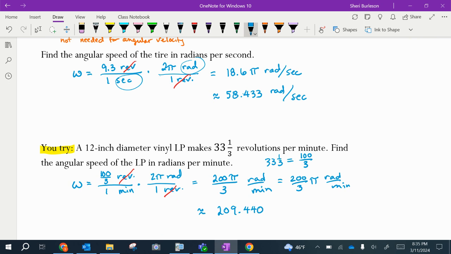Because I rounded to 3 decimal places, I have to put the 0 in that third decimal place if it makes it round up. And this is radians per minute. Hopefully you got that right. So that is how quickly, or how fast, something is rotating through angles per unit of time.